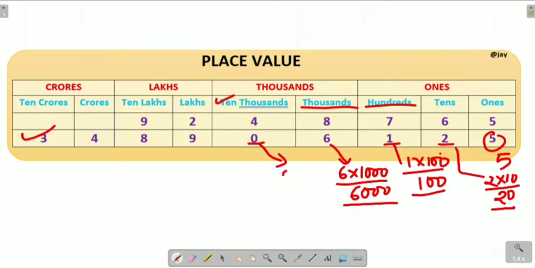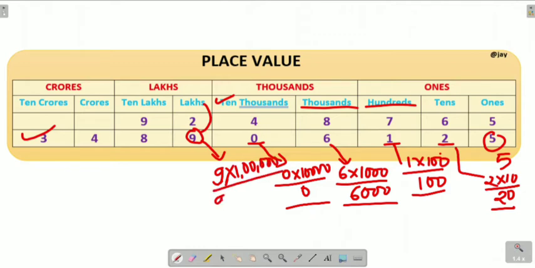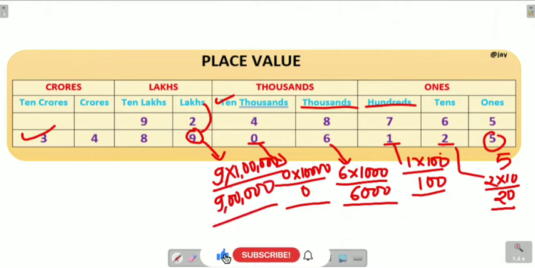So when you multiply 0 with 10,000, you will get 0. Now next is 9 and the place is lakh. So we have to multiply 9 with 1 lakh. So we will get 9 lakh. So 9 lakh is the place value of 9.